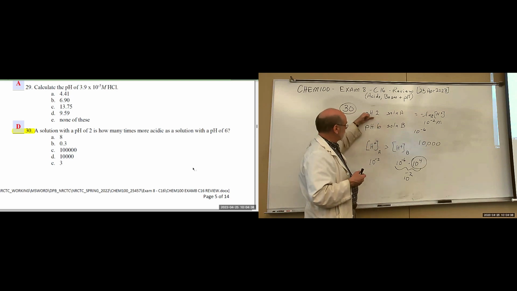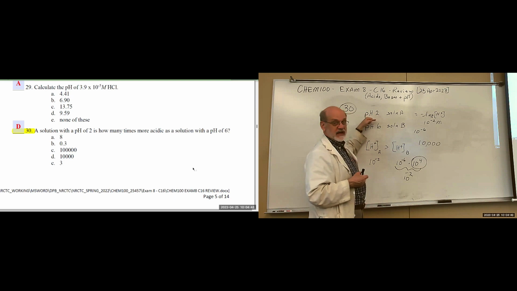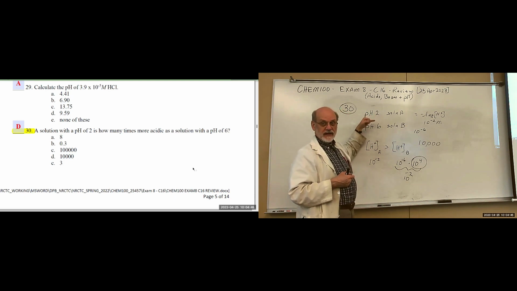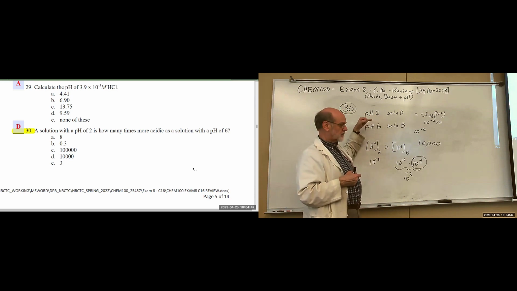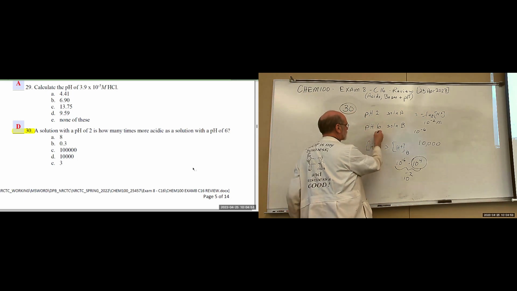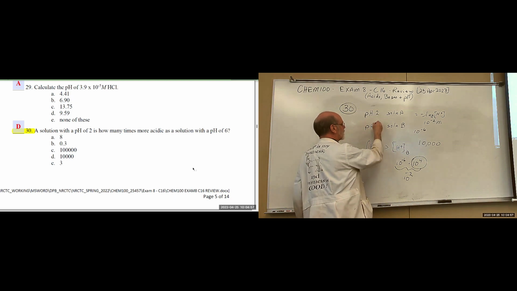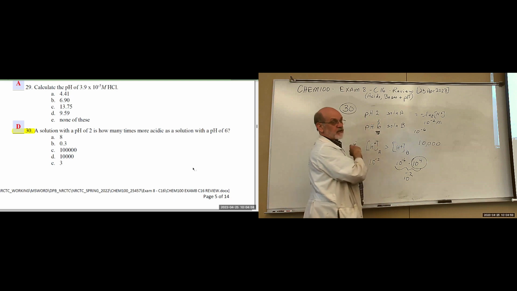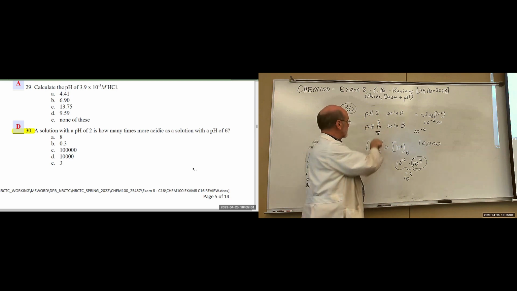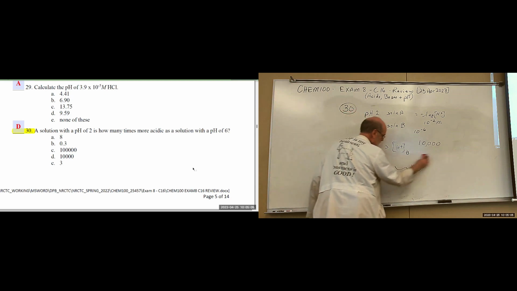So going from 2 to 6 is a 4 times change, which would be 10 to the 4th power. If we added pH 7, that would be 10 to the 5th power. Or if we went back to 5, that would be only 10 to the 3rd power. That's the difference. Okay? That's how we solve this problem.